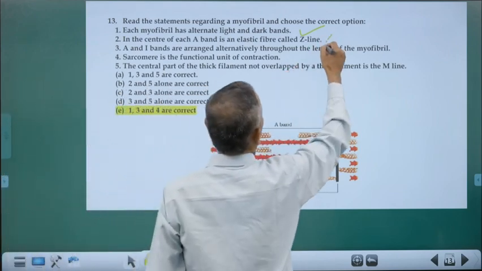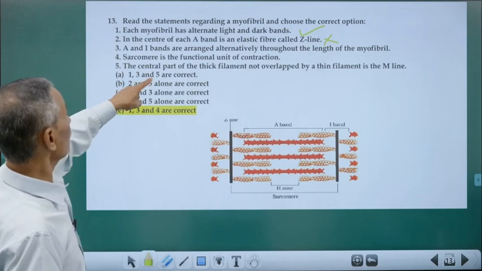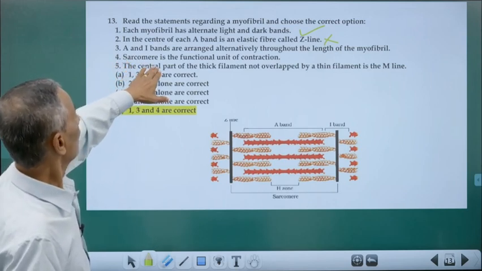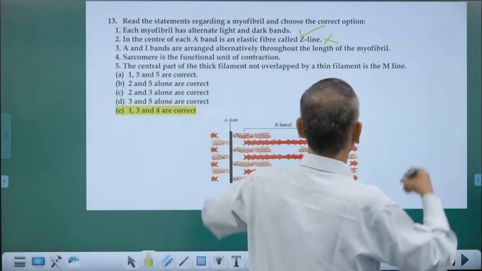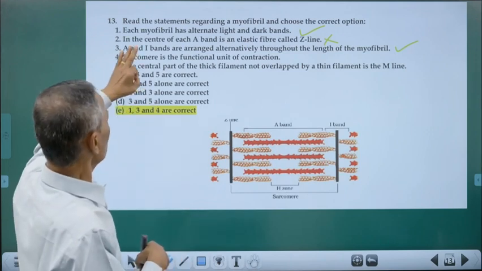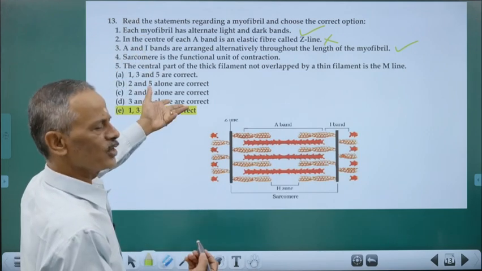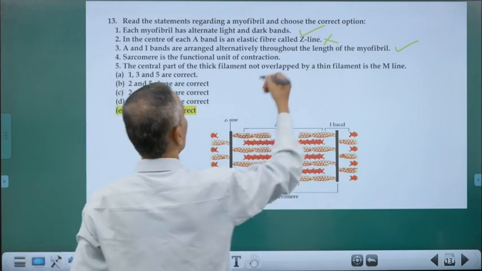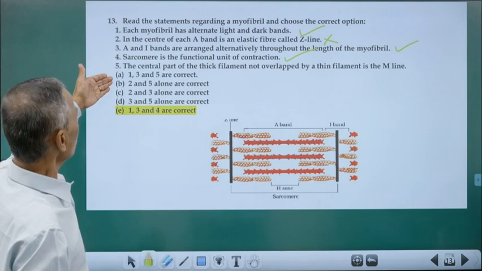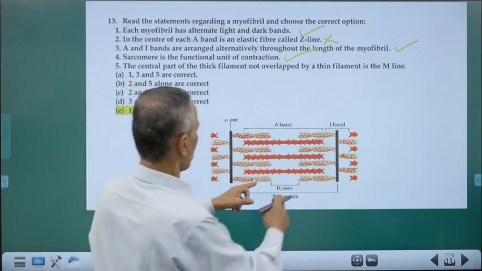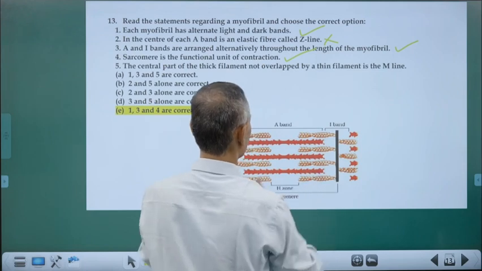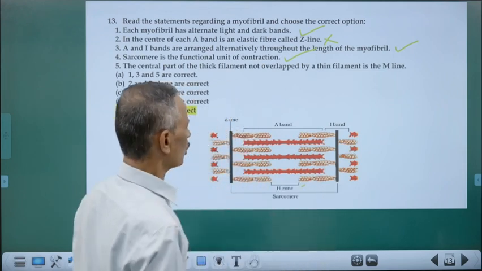So it is wrong. A and I bands are arranged, A is dark band or thick, I is white, alternately throughout the length of the myofibril. Correct. Sarcomere is the functional as well as structural unit of contraction in muscle fiber. The central part of thick filament not overlapped by thin filament: see, this is the A band, and you are having the thin filaments also.